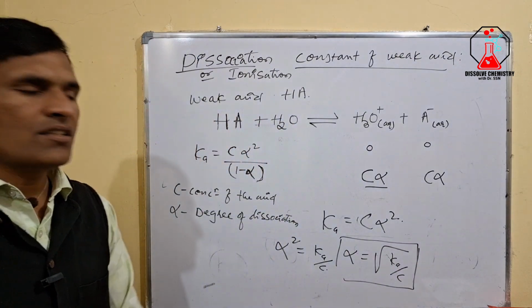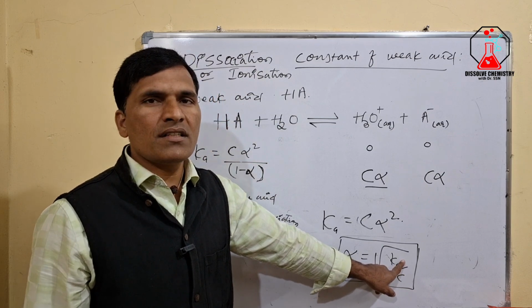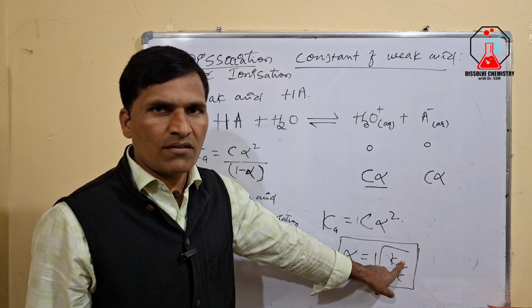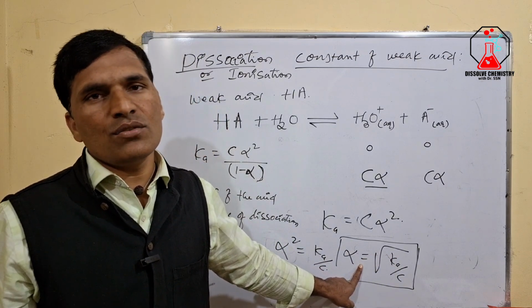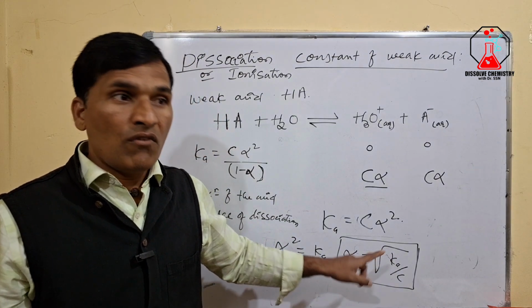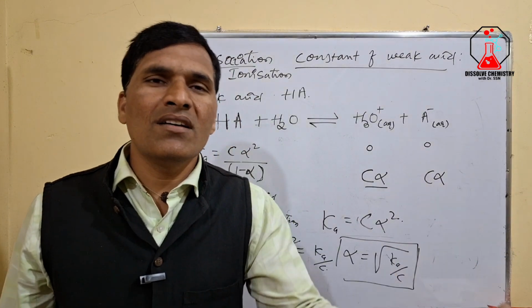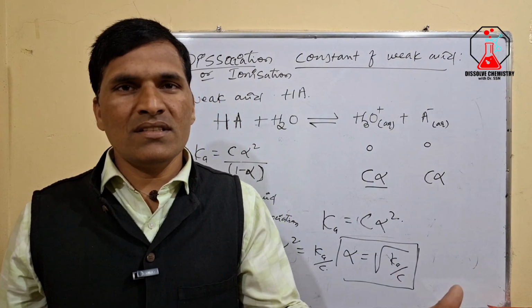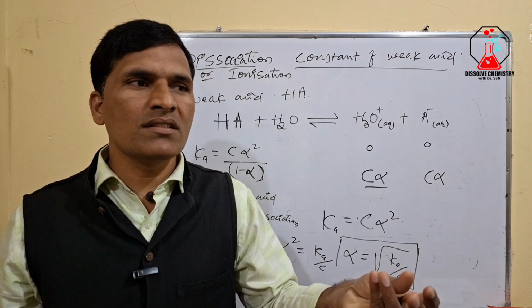If you know the initial concentration of the acid and its ionization or dissociation constant, then you can calculate the degree of dissociation of the acid. Once you know that, you can tell the concentration of H+ ions.